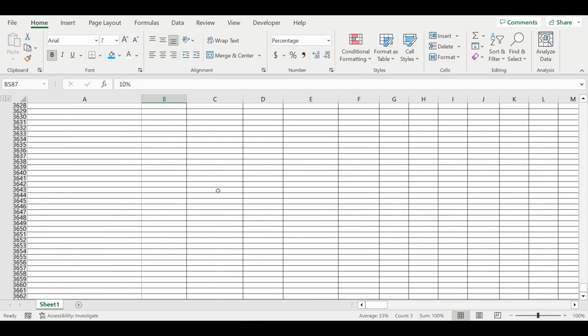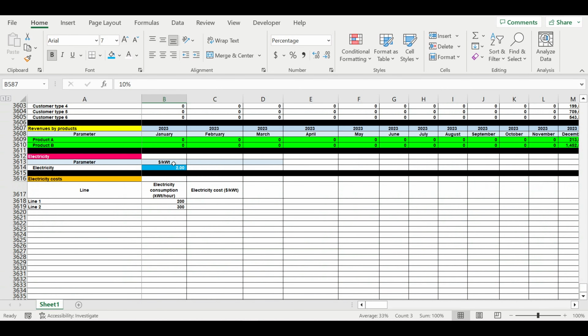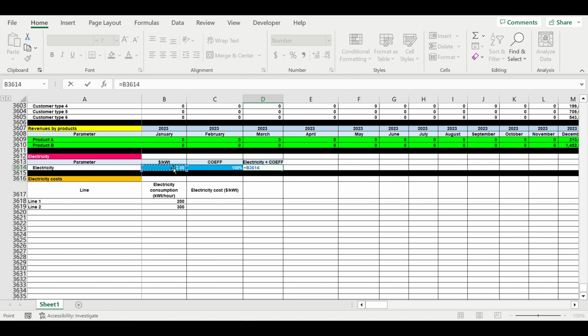So then we are using a coefficient for electricity, the price of electricity, and then electricity plus coefficient. So the basic value of coefficient will be 100%. This will be the input. So the final value of electricity price will be this.